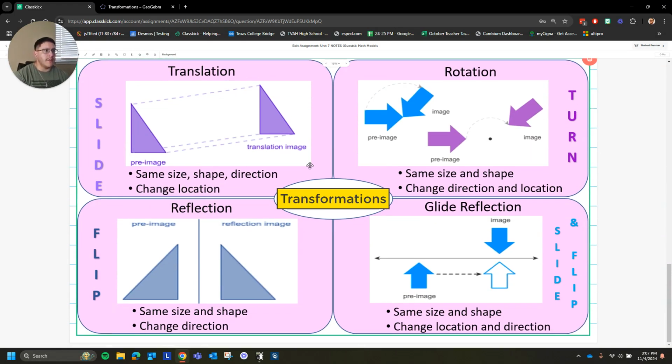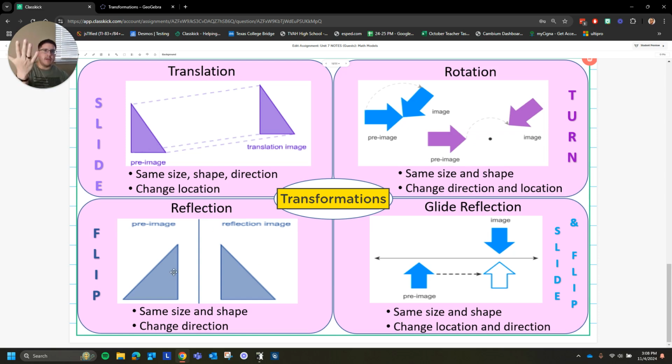So we're going to talk about a few different transformations for this lesson. We're going to look at translation, rotation, reflection, and then glide reflection. Okay, so you can see these static images, and translation just moves one image to a different location. Rotation takes the image and then just rotates it around a center point.